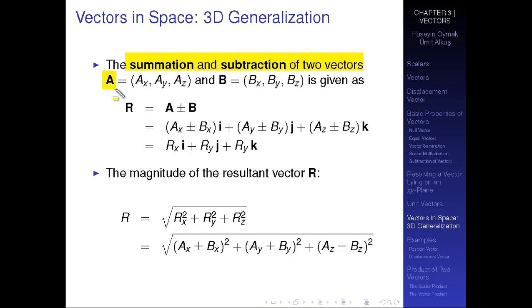For example, if we have two vectors, say A with components ax, ay, and az, and vector B with components bx, by, and bz, then summation and subtraction of these two vectors is obtained as R equals A plus or minus B, equals (ax plus or minus bx) i plus (ay plus or minus by) j plus (az plus or minus bz) k.